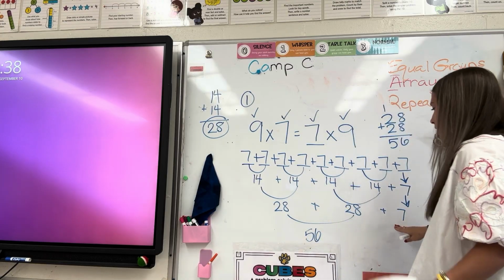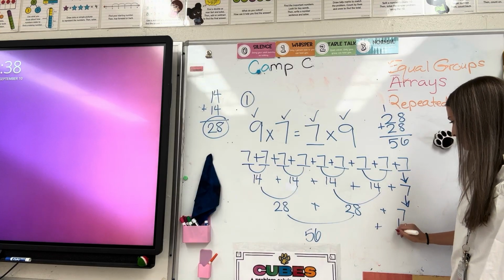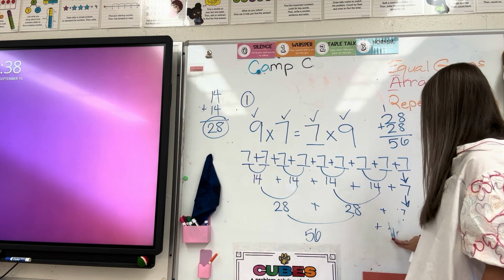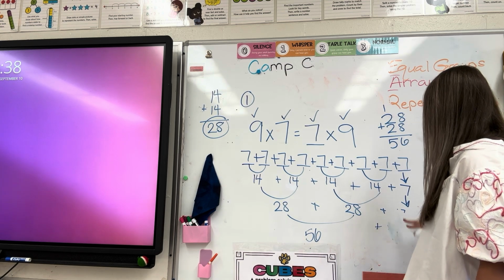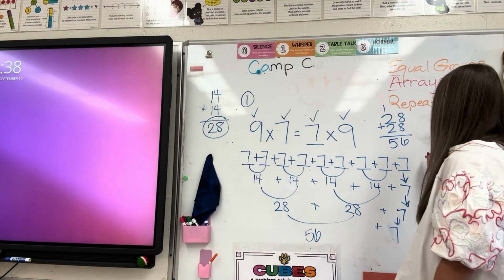But look at this number. What do I have to do over here? Am I going to chop this 7? Nope, I've got to drop it down. Now I have, all right, 56 plus 7.